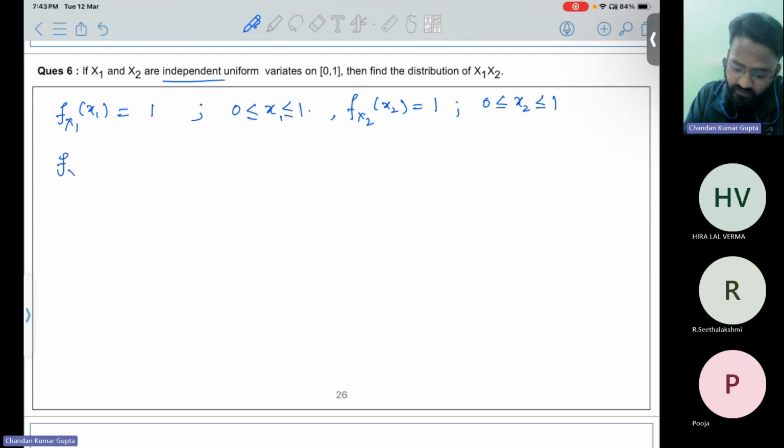That is, the joint PDF of x1, x2 is also 1.